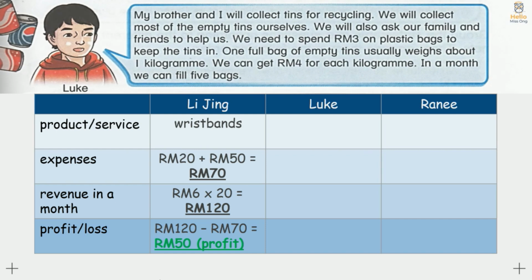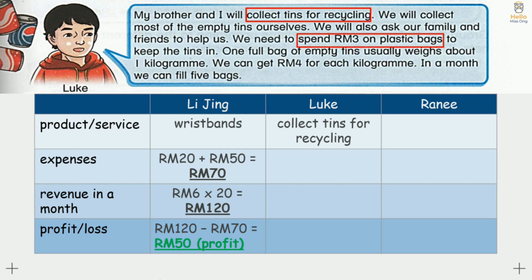Next, let's look at Luke. What is he planning to sell? He is going to collect tins for recycling. What is the total of his expenses? He spends 3 ringgit on plastic bags, so his expense is 3 ringgit. What is his revenue in a month?